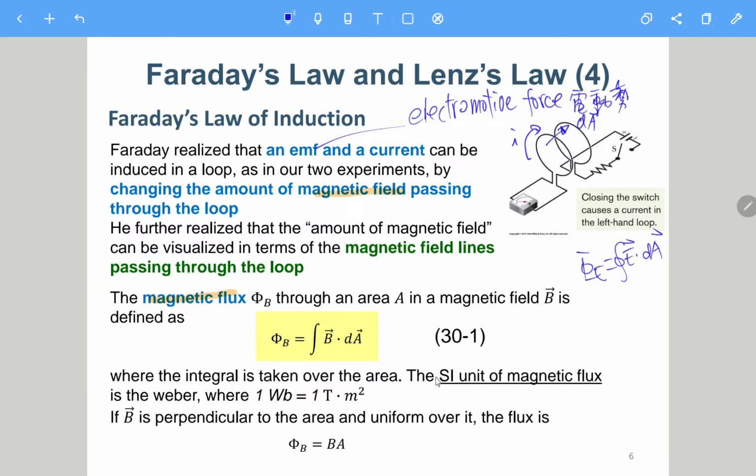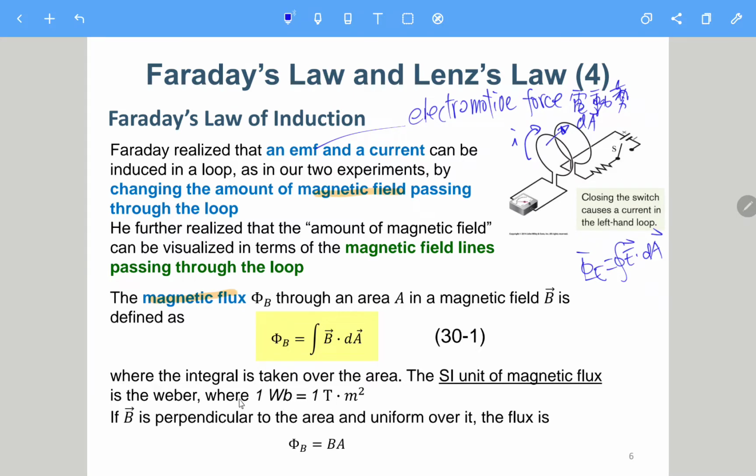The SI unit for the magnetic flux is called the Weber, of course a name, and in short form it is written as Wb or T dot m squared. Both are okay.